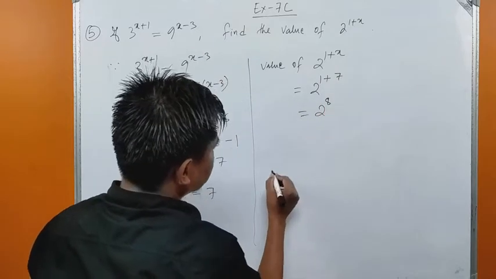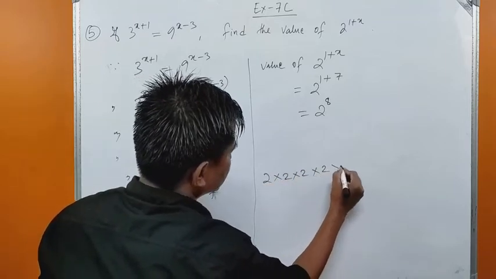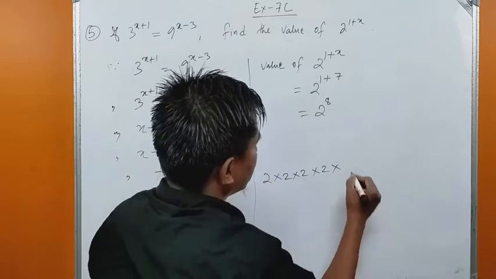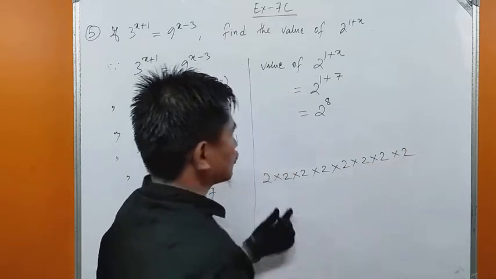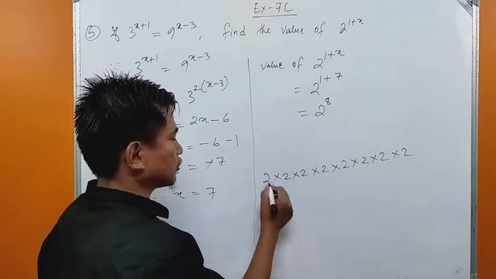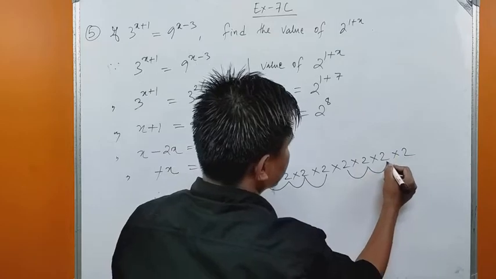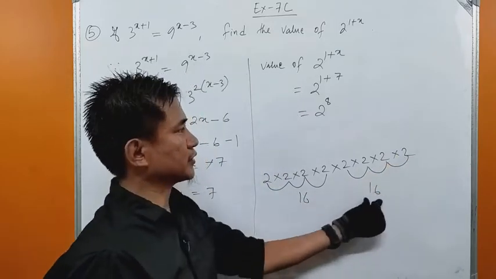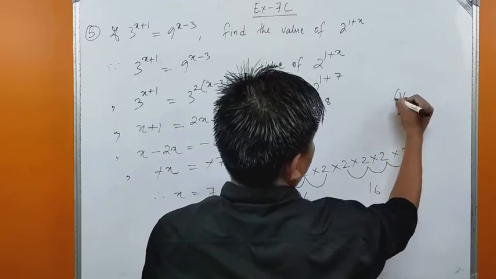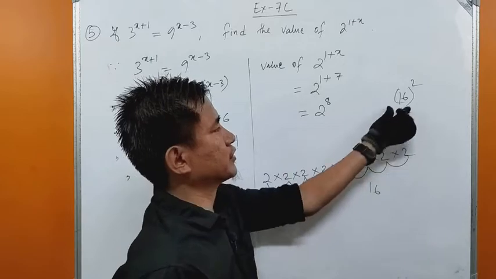So 2 to the power 8 means 2 multiplied 8 times, isn't it? So 2 to the 4, 4 to the 8, 8 to the 16. 2 to the 4 is 16, and 2 to the 8 is 16 into 16. So 16 is squared, isn't it? 16 into 16 means 16 squared.